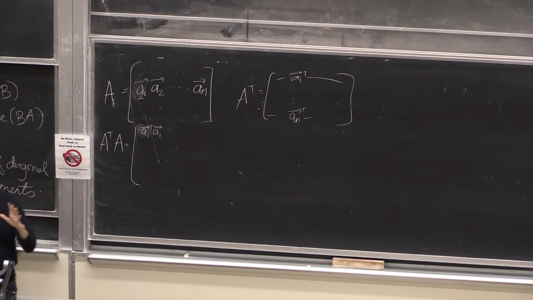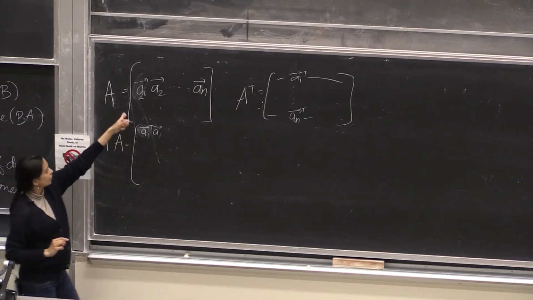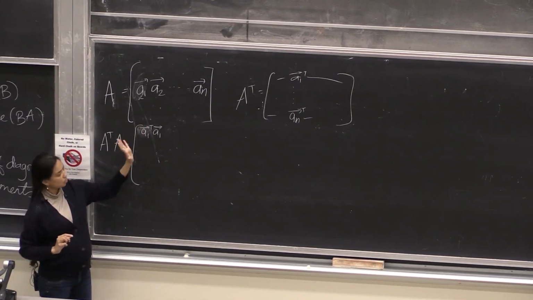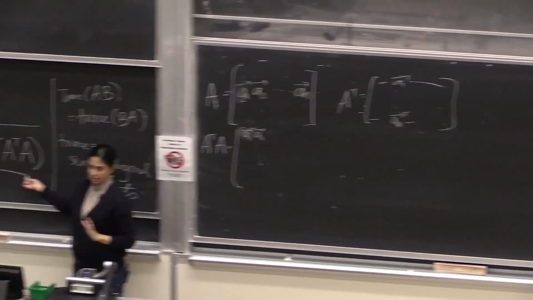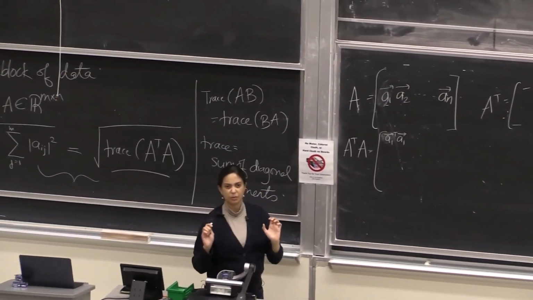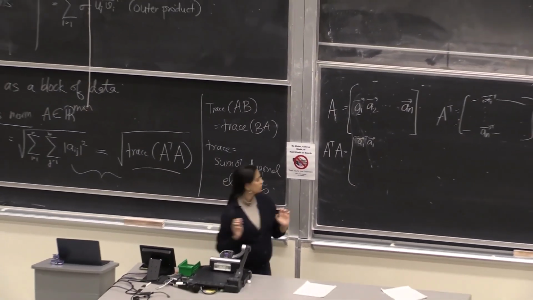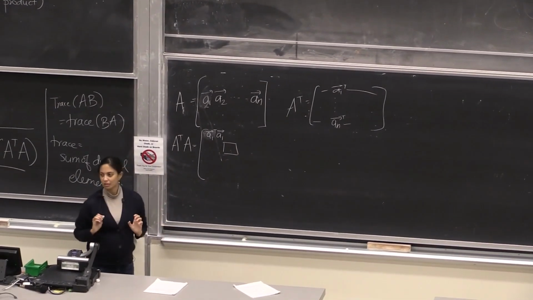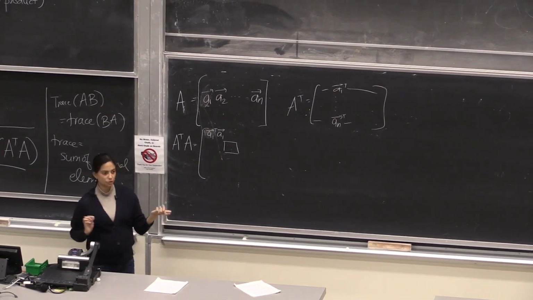So just a tip. Here we have A1 transpose A1. We're interested in the trace of this thing, so what's the next element of interest that we want to compute? What is this entry going to be? A2 transpose A2.